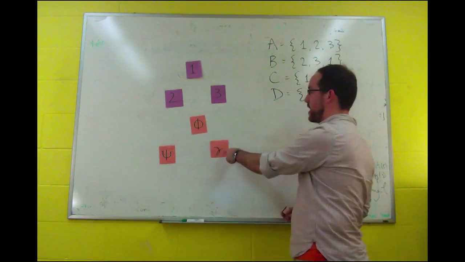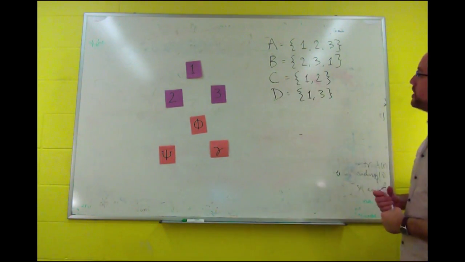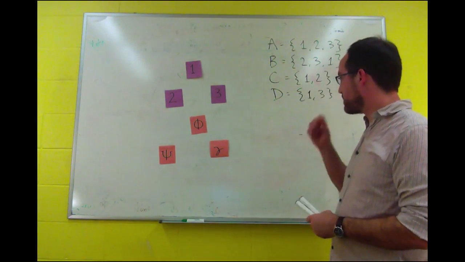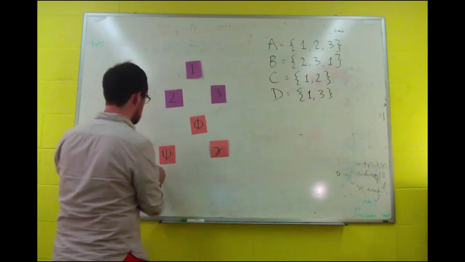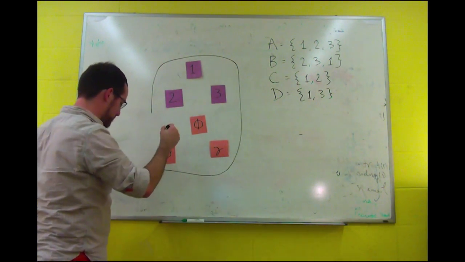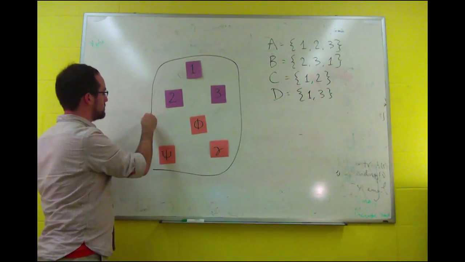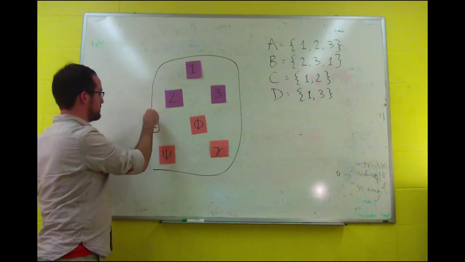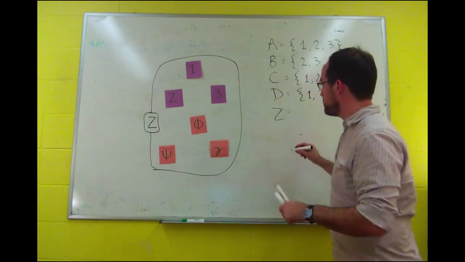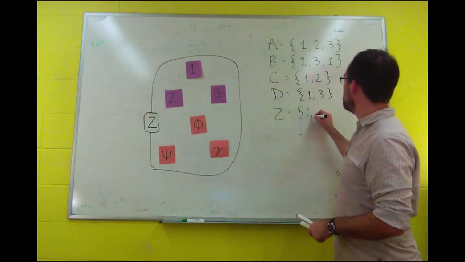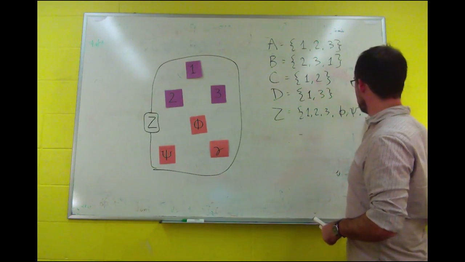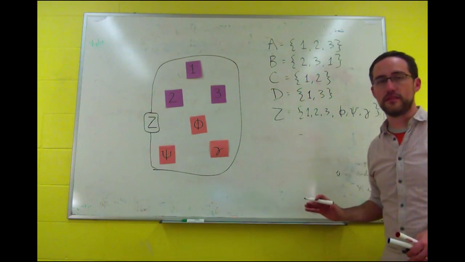So psi, phi, and gamma, 2, 1, and 3. Now we can form sets out of this too. Now let's say that we create a huge set and we call it Z. Now Z is going to consist of 1, 2, 3, phi, psi, and gamma. It's going to have all 6 of these objects.